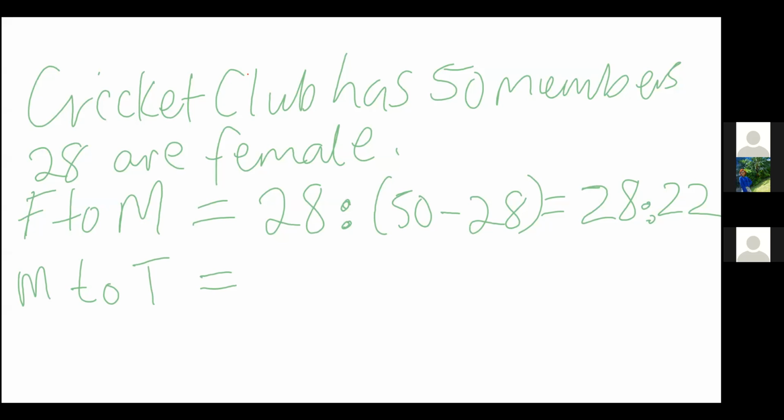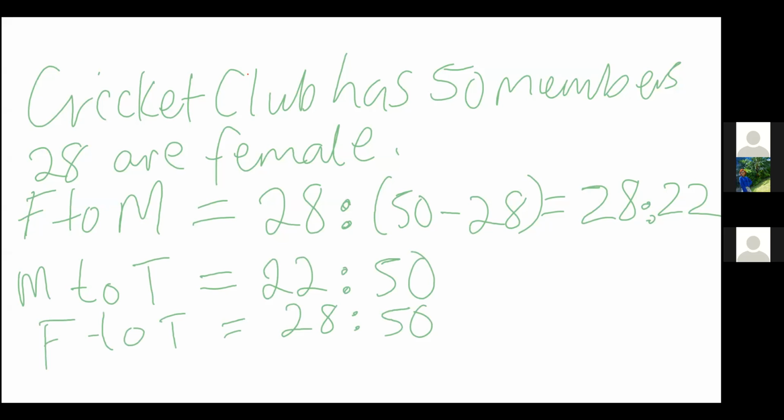Right, so male to total would be what? 22 to 50. Yeah? And then female to total would be 28 to 50. Right? Nice and simple explaining ratios.